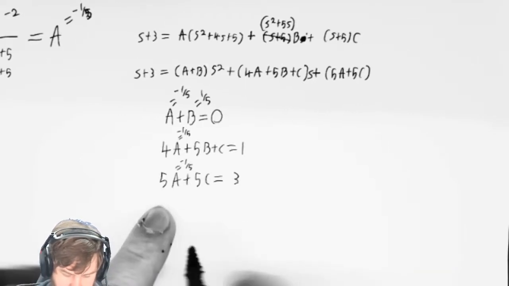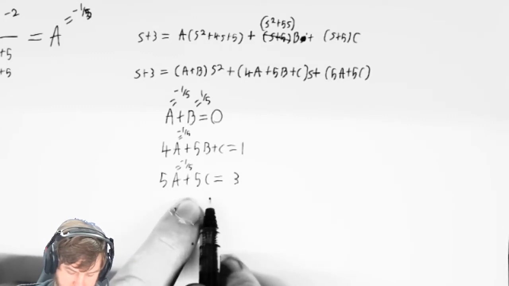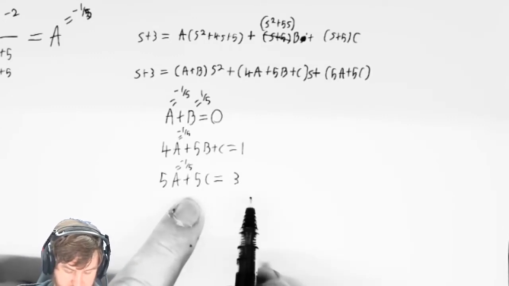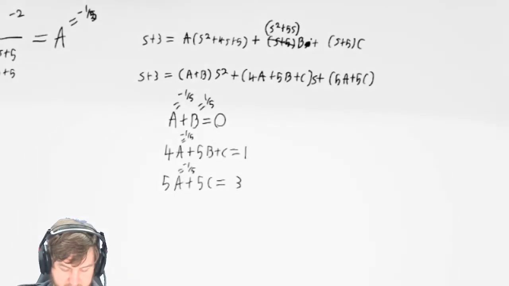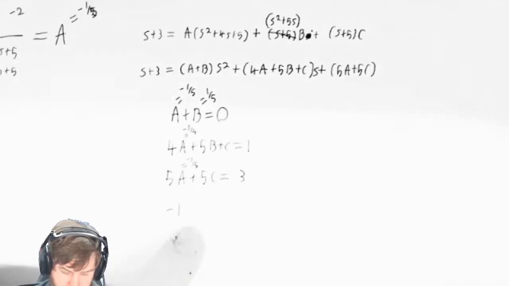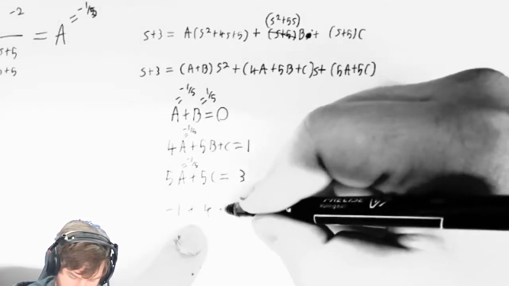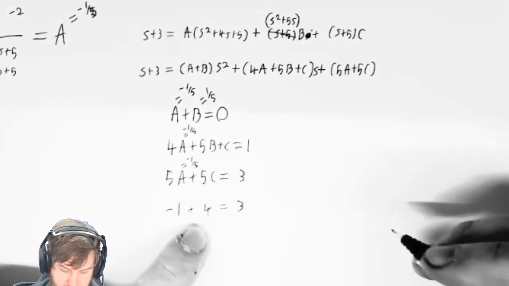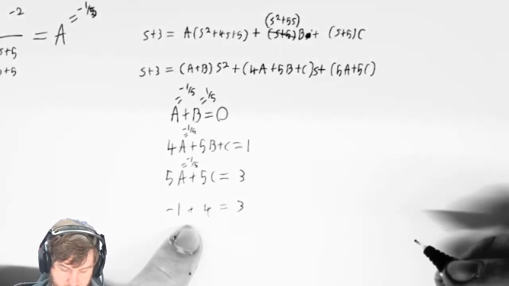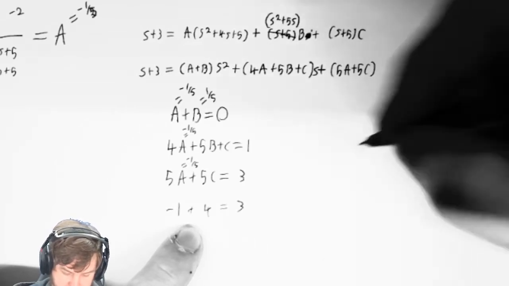If 5 times negative 1/5 plus 5C is equal to 3, so let's see, 5 times negative 1/5 is negative 1. So negative 1 plus 4 is going to be equal to 3. And so if 5C is equal to 4, that means C is equal to 4/5.